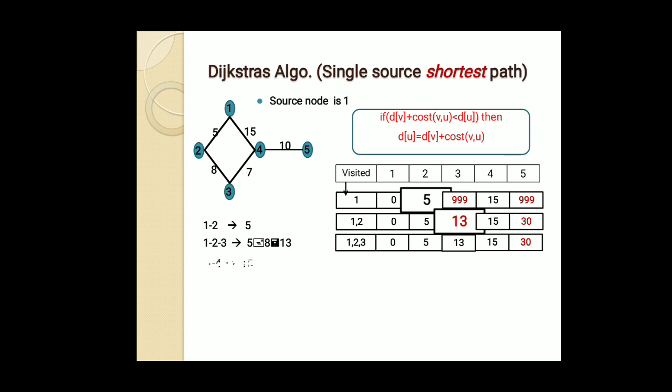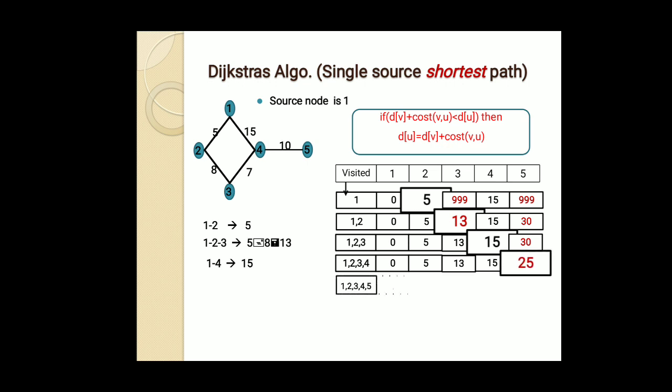That is to say 1 to 2 would be 5, 1 2 and 3 would be 13, 1 to 4 would be 15, and 1 4 and 5 would be 25, right? That is the final solution we get out of this particular given graph. This would be considered your optimal solution.